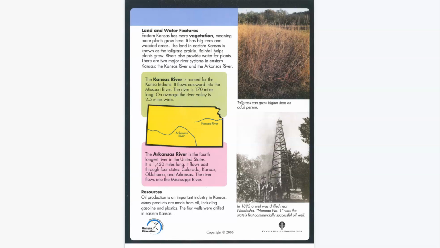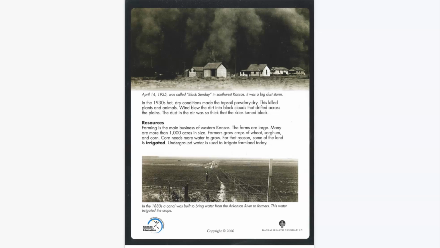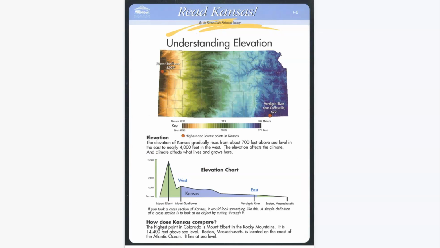Don't forget, however, that you also need to be reading that information, so you are learning about the 2 different regions. Here are 2 pages about western Kansas, and then you have a last section that is understanding elevation. That really talks about, fourth graders, the high points in our state and the low points.